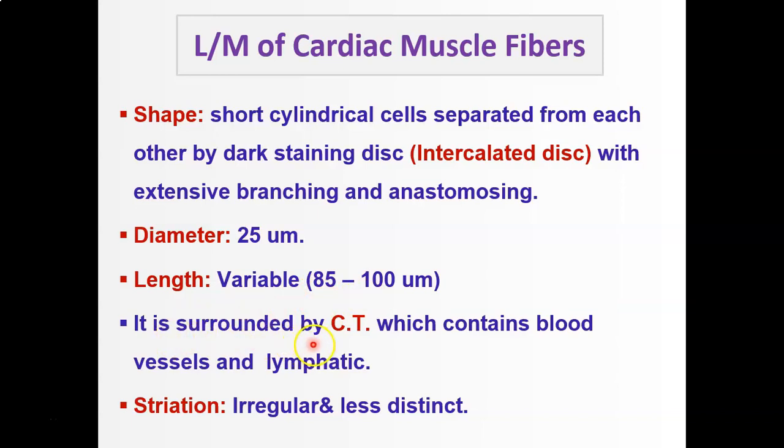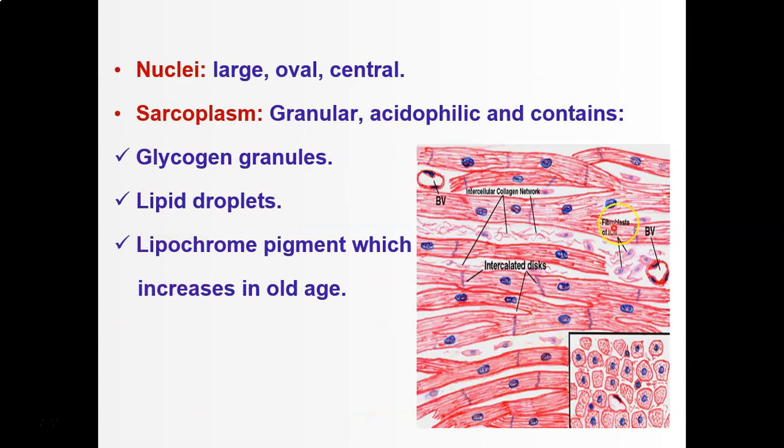It is surrounded by connective tissue containing blood vessels and lymphatics. Striations within the cardiac muscle are present, but the striations are irregular and less distinct than in skeletal muscle. The nuclei of cardiac muscle are large, oval, and central in position.